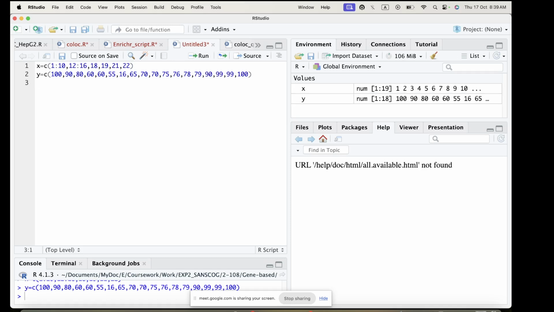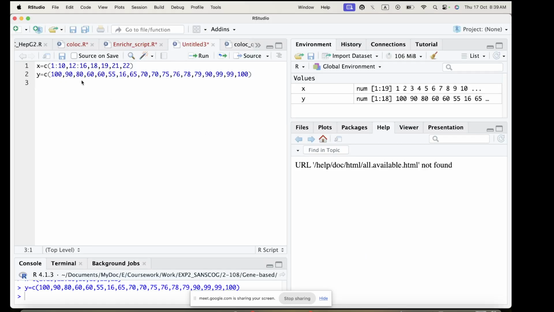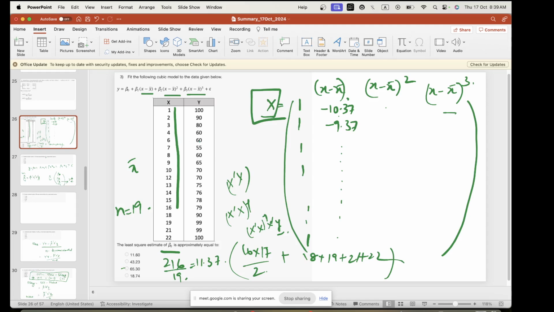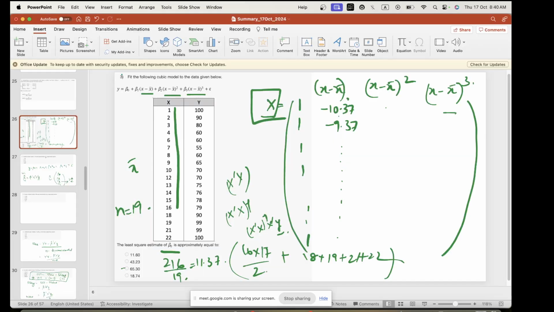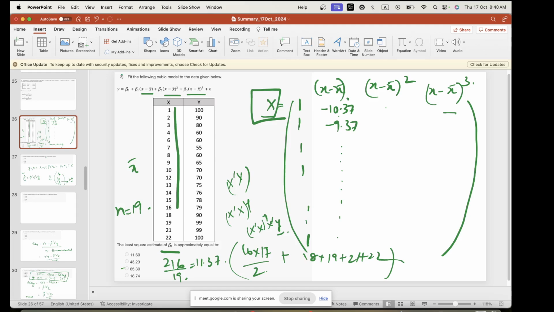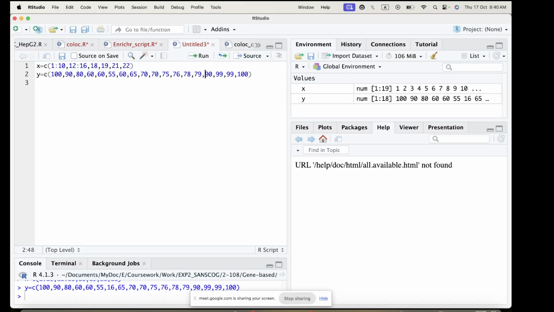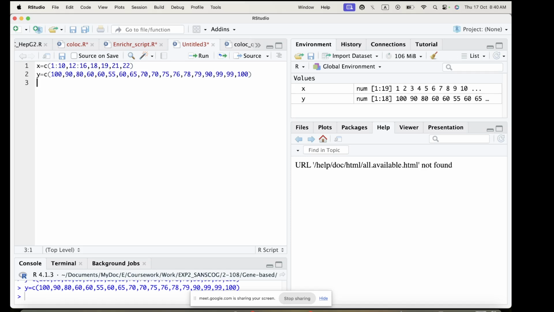Do we have 19? No. 100, 90, 80, 60. Then we have 60, 55, 60, then again we have 65. So 70, 70, 75, 76, 78, 79, 90, 99, 99, 100.